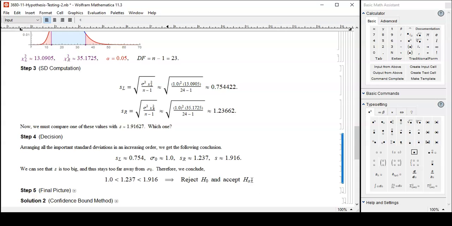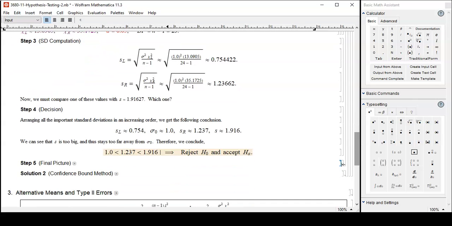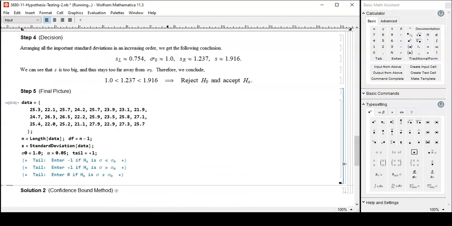So the idea is this. 1.0, 1.23 something, that's the critical value, and the sample standard deviation is too far away. So I'm going to reject H0 and accept HA. The final picture is actually like this.